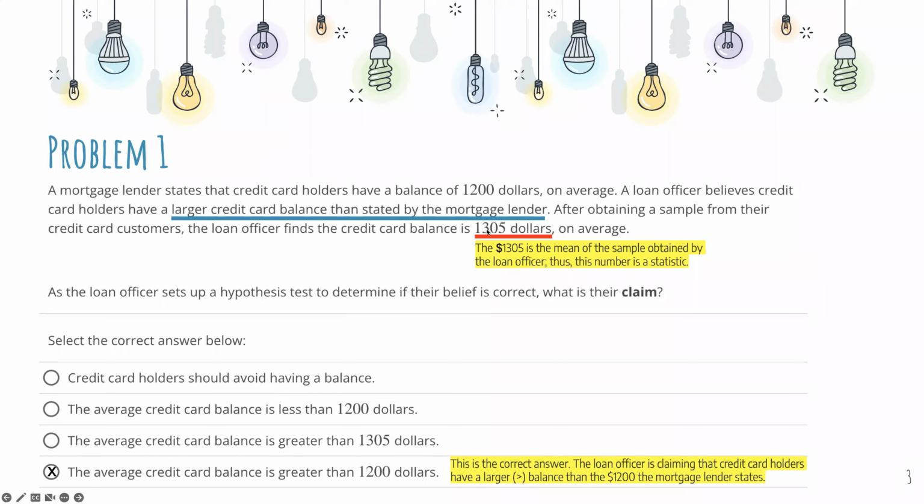So he has some evidence that the credit card balance is larger than 1,200. So the correct answer for the claim is this one, right? The loan officer is claiming that credit card holders have a larger balance than the 1,200 the mortgage lender states.